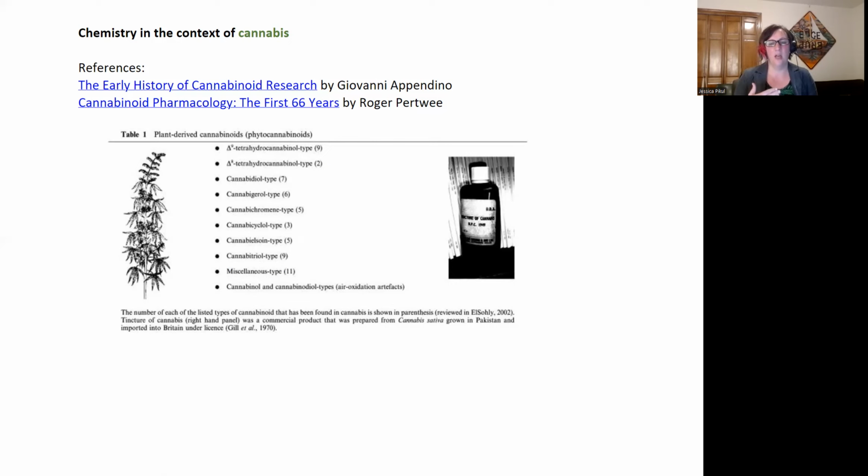That sparked research into extracting, identifying and isolating the different compounds in cannabis plants. Around 1939, 1940, you see the isolation of CBD, followed by CBN. THC is further down the road.